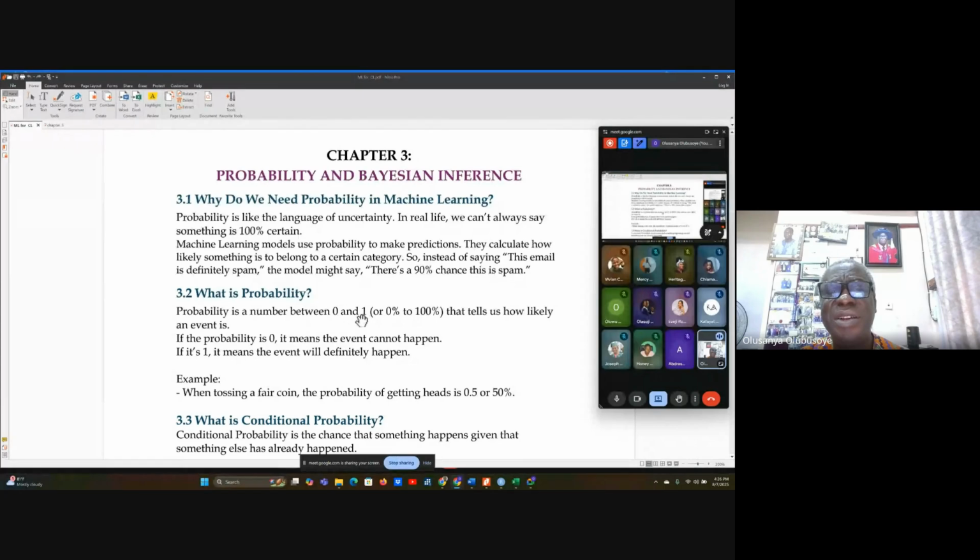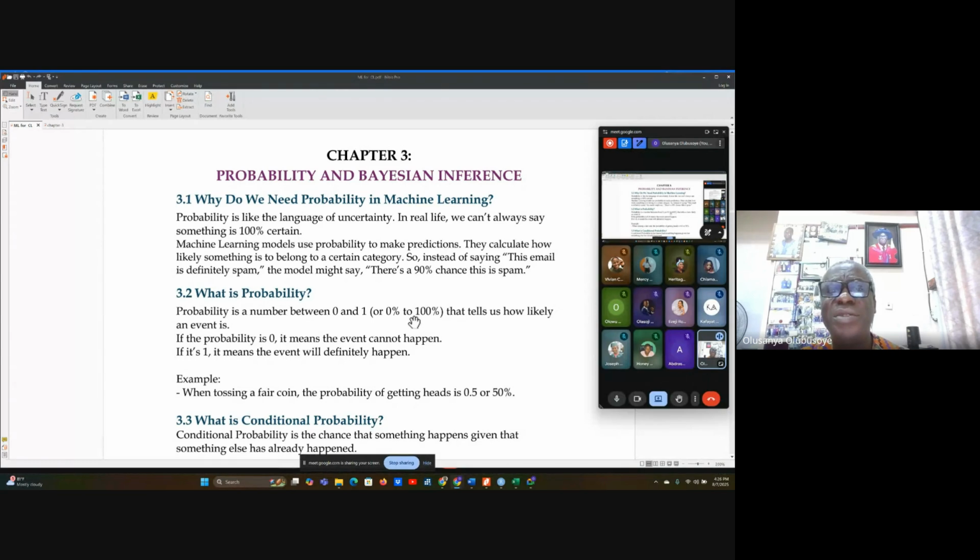If it's very close to 1, or in terms of percentage close to 100, then it tells us that it's highly likely to happen.